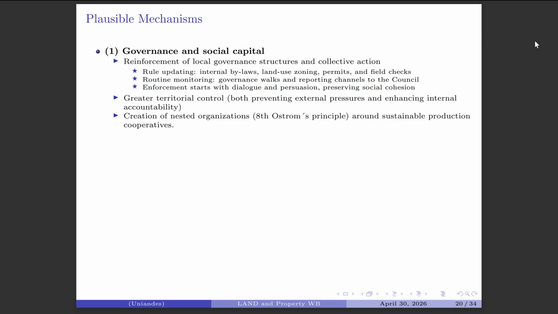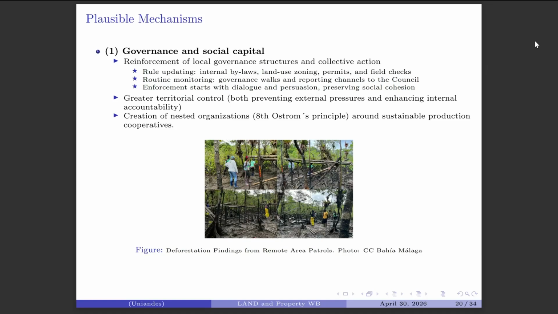The leaders say that they have today greater territorial control, and these projects develop the possibility of creating nested organizations around sustainable production cooperatives. And this is very important because this is in dialogue with the 8th principle of Ostrom.